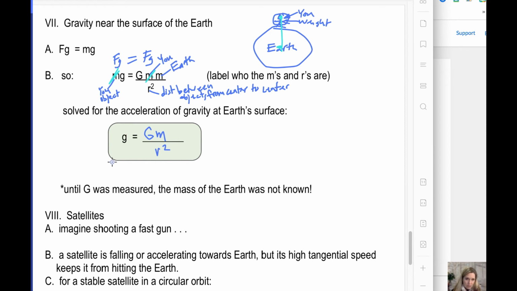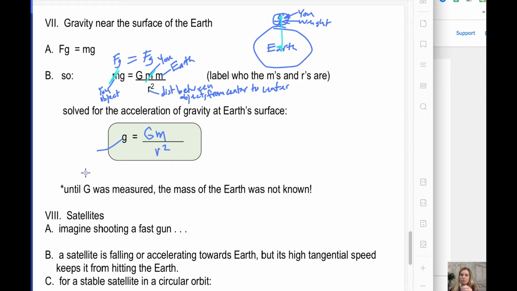Must be important. Now please don't confuse force of gravity and gravity. At some point, on one question, I may ask, what's the force of gravity between whatever two objects? And I would ask for F sub G. This is just g. Do you notice what happens if I have a force and I get rid of the mass from that calculation?